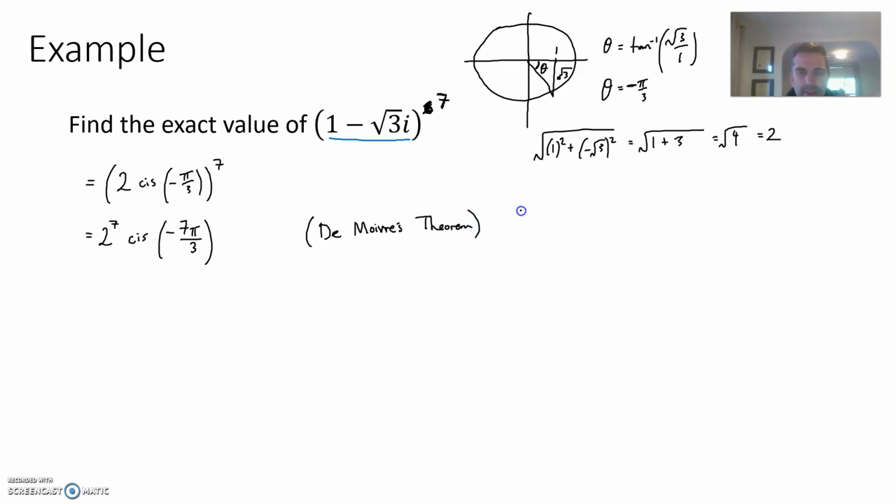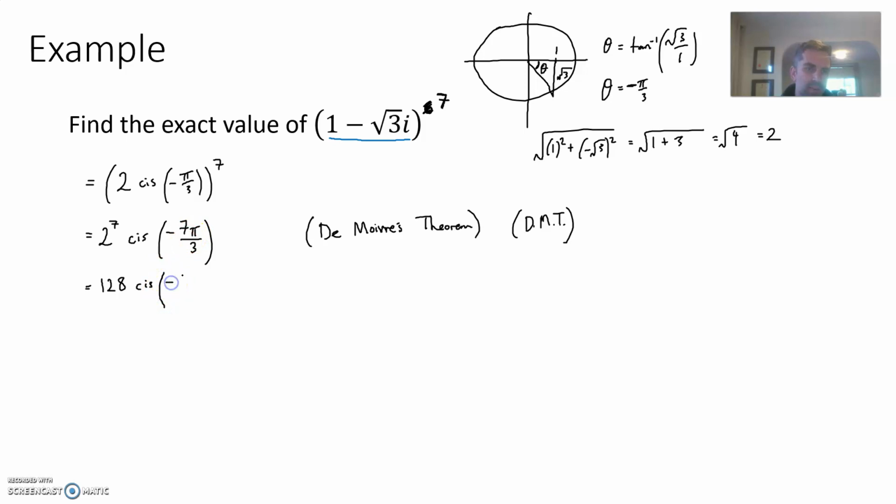And sometimes you'll just see that written as DMT. Okay. 2 to the power of 7 is 128. And then with our negative 7 pi over 3, we can go, okay, well 7 pi over 3, that's actually a full lap of the unit circle in there.